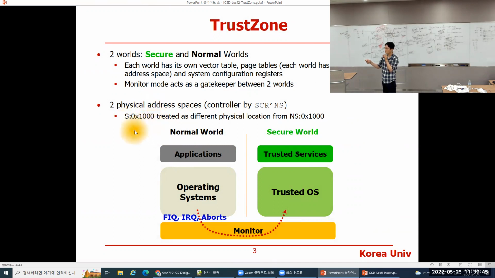And what is this? The same memory location, 1000, but you are accessing that location when you are in the normal world. But these two transactions were supposed to be two different locations, not the same location.